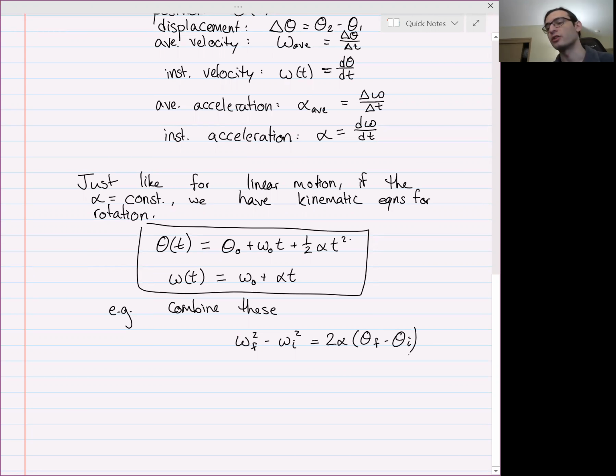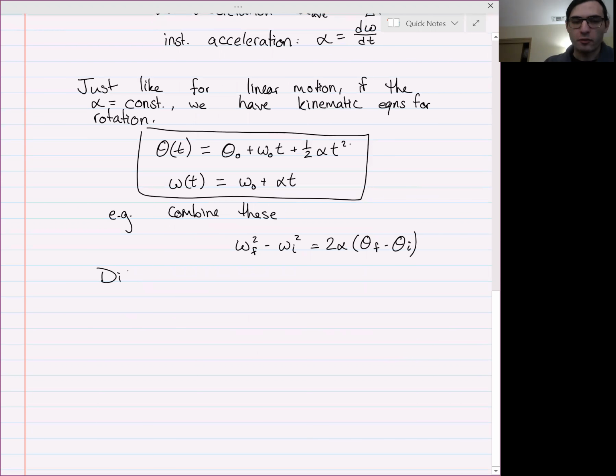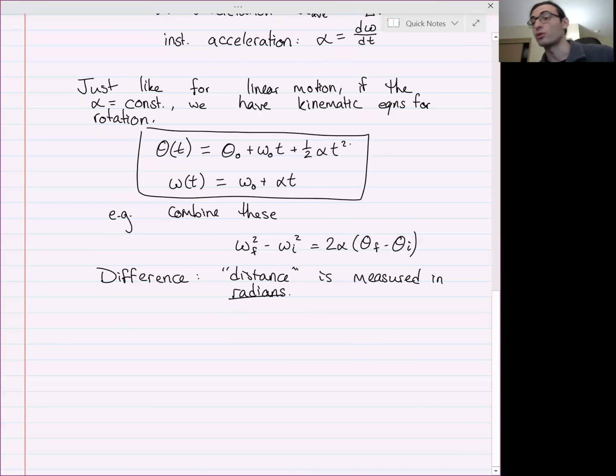So the only difference between angular kinematics and linear kinematics is that anytime there's a distance that appears here, it is measured in radians. So rather than traveling 5 meters, you rotate 6 radians.